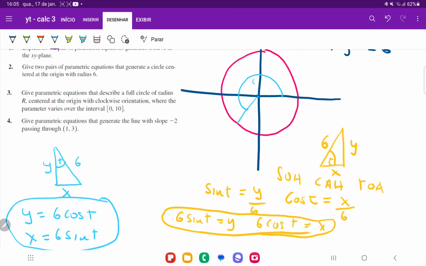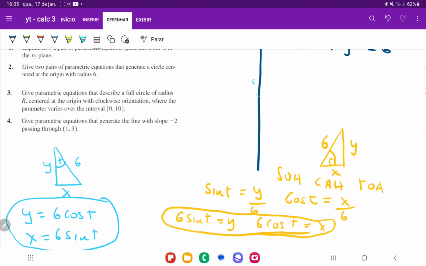So we would make this triangle here, and this here would be our t, because our t is making an angle with the vertical, not with the horizontal, right?